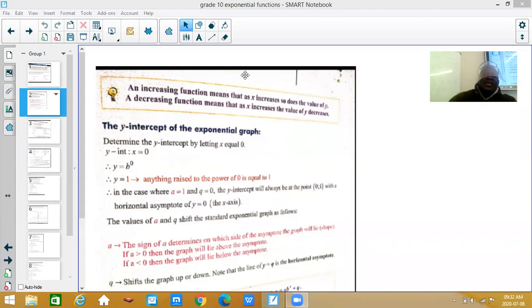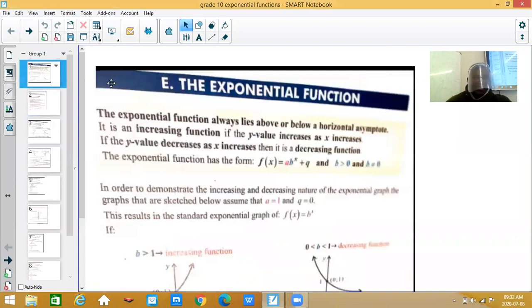Okay. Now, today we want to look at another function, which is the exponential function. On the exponential function, this function will always lie above or below the horizontal asymptote.